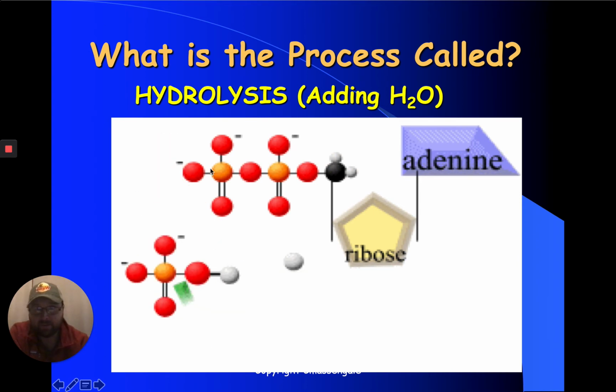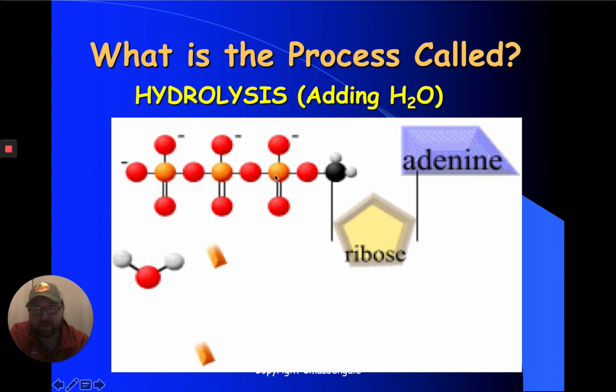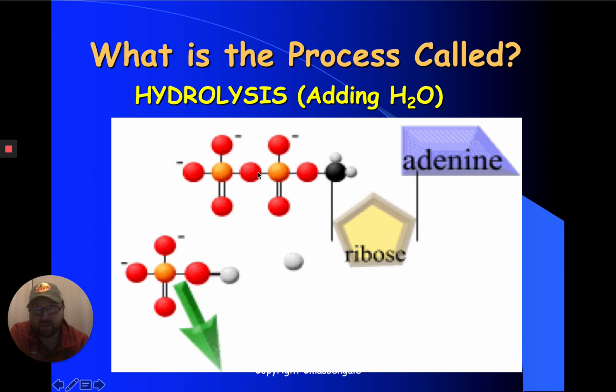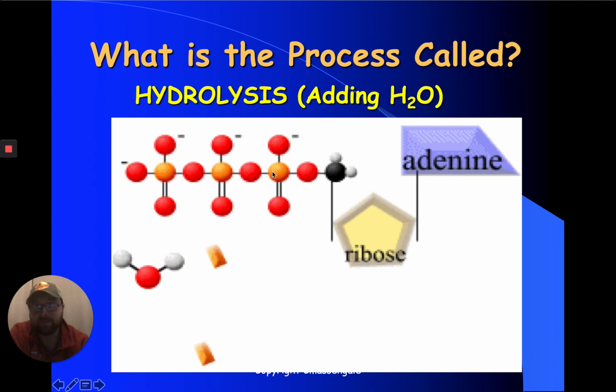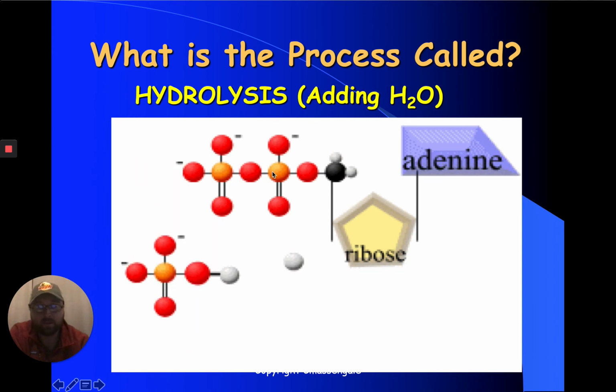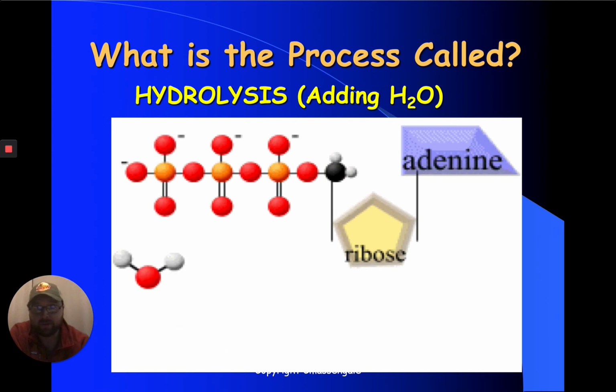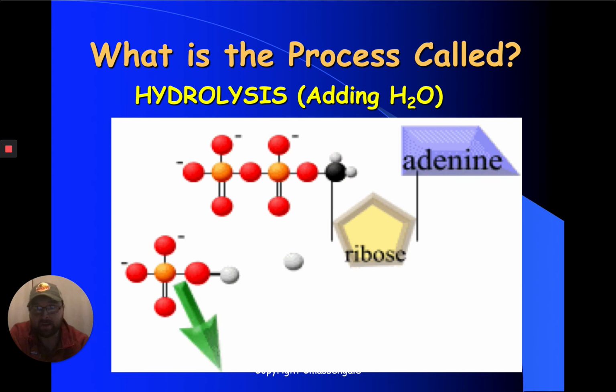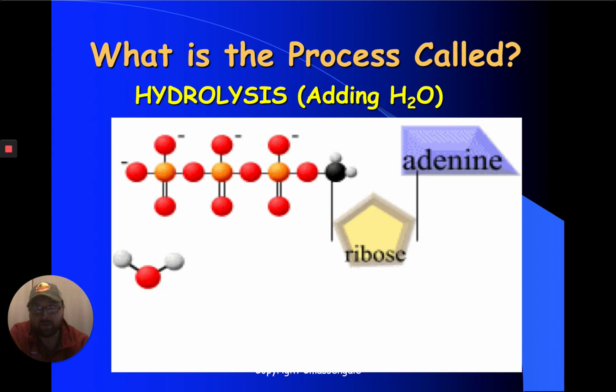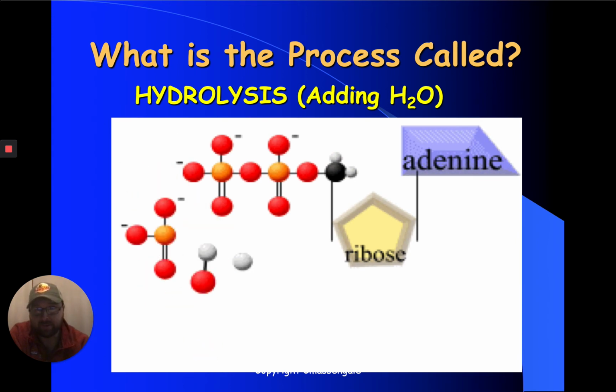That leaves us with two phosphates. So that's our ADP from the title slide, adenosine diphosphate, 2 phosphates. Again, the important thing is when we break off that phosphate group, we release energy.